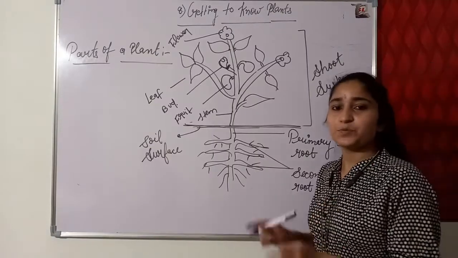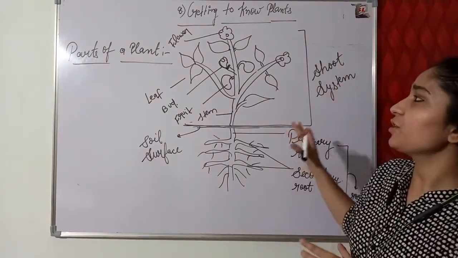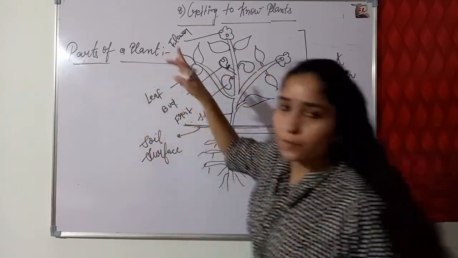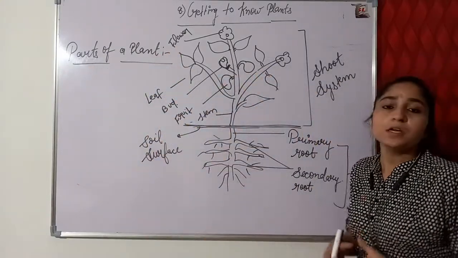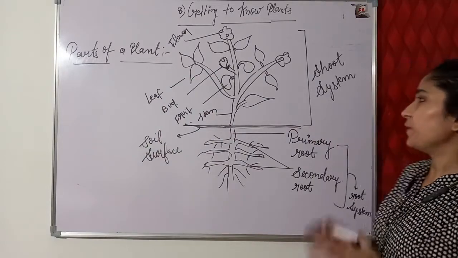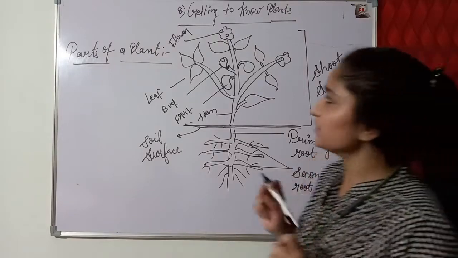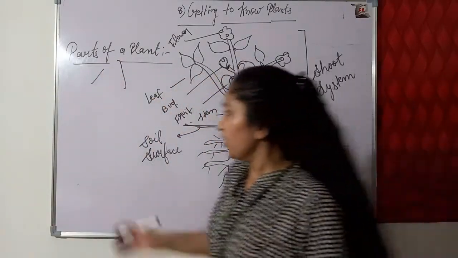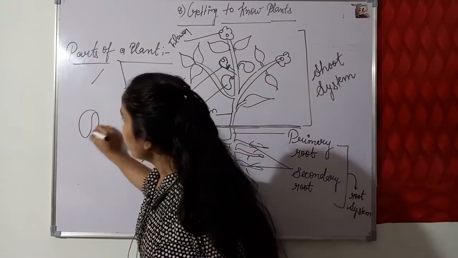Students, let's move towards the structure of plants. Here we will understand the parts of a plant, what parts a plant contains in its structure. Mainly plants have two parts: shoot system and root system. You know about the seed.